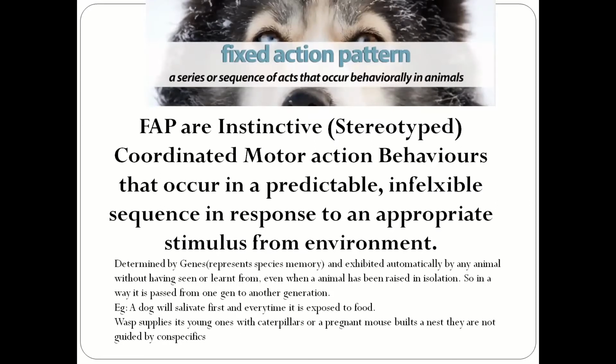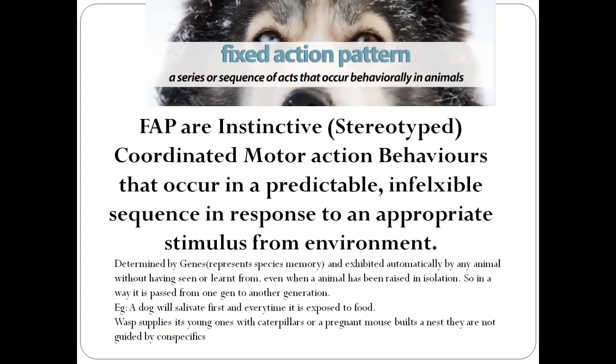Determined by genes, it represents the species memory, and is exhibited automatically by an animal without having seen or learned from others, even when an animal has been raised in isolation. So in a way, it is passed from one generation to another.